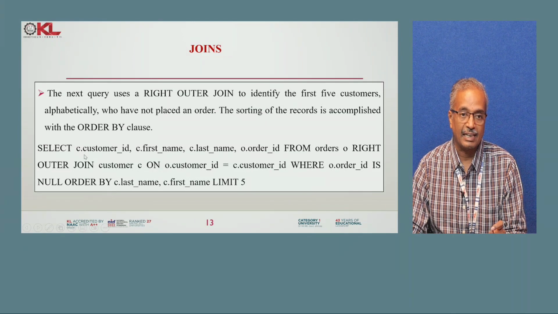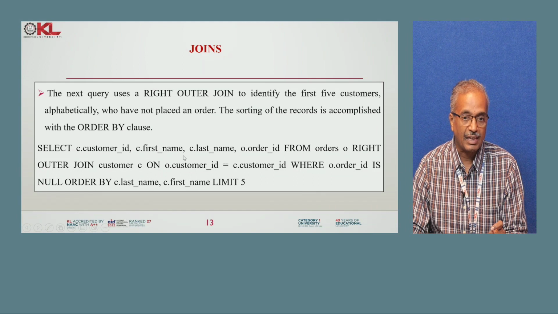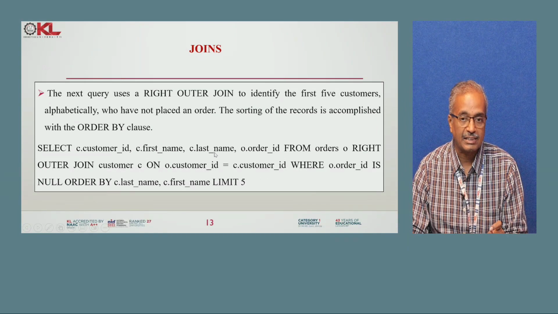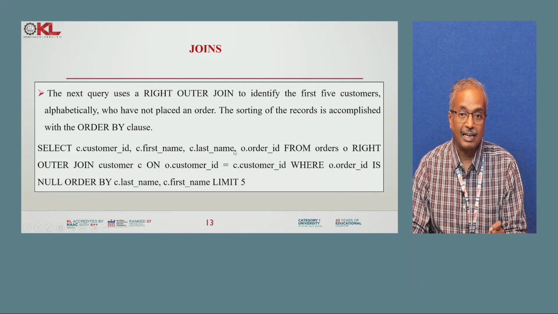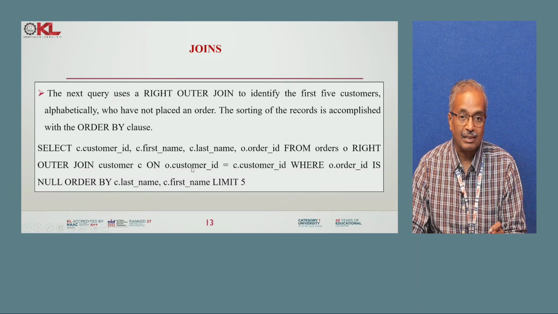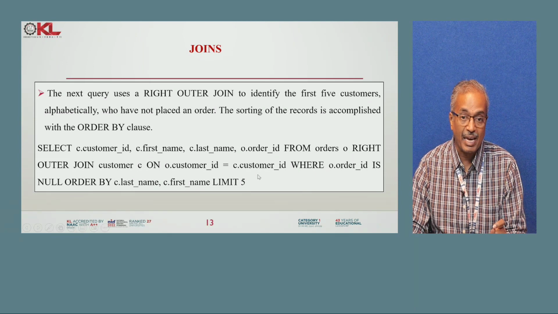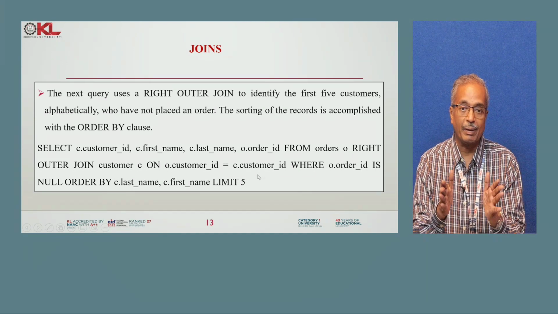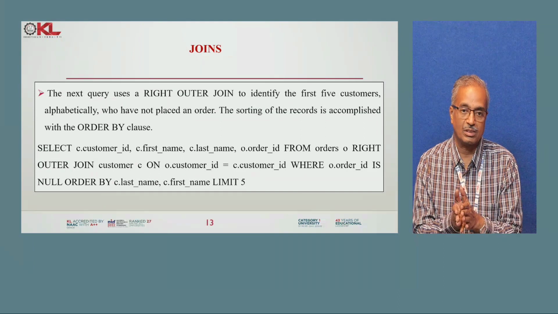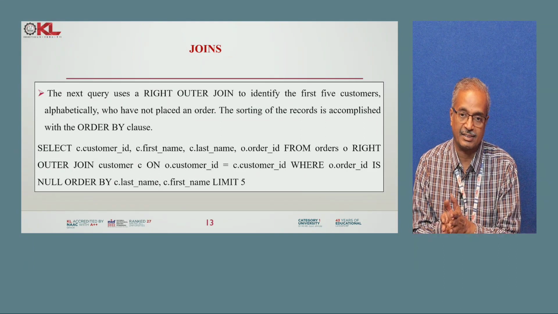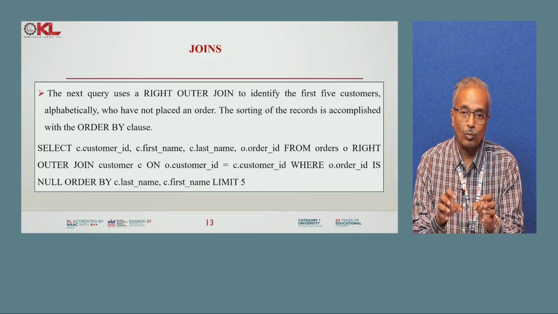So we are selecting customer ID, first name of the customer, last name of the customer, and order ID from the orders table. The customer ID should be equal in the customers and orders tables, I mean that customer ID should be there in both tables. Only such data is extracted or merged.